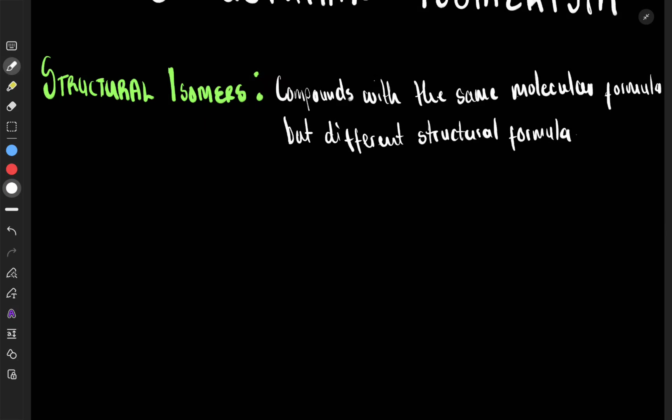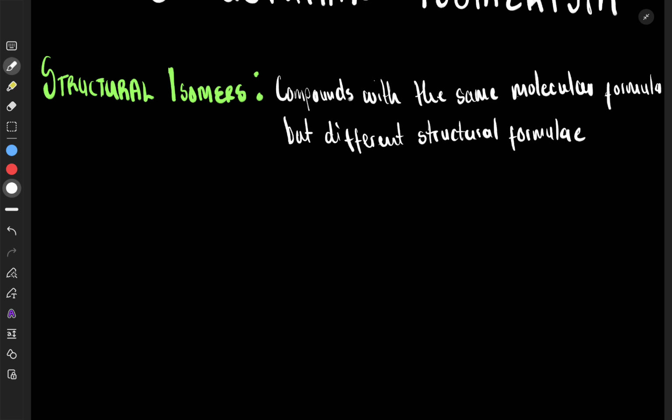Structural isomers are compounds with the same molecular formula, but different structural formulae. What is the molecular formula?